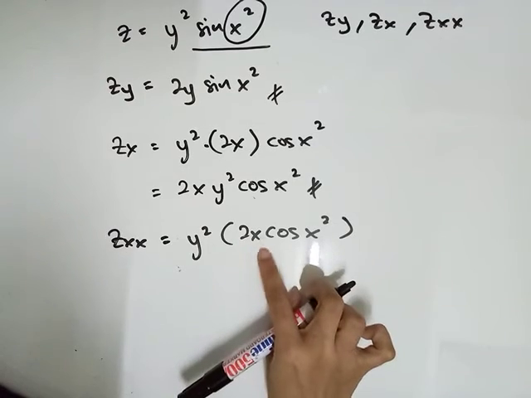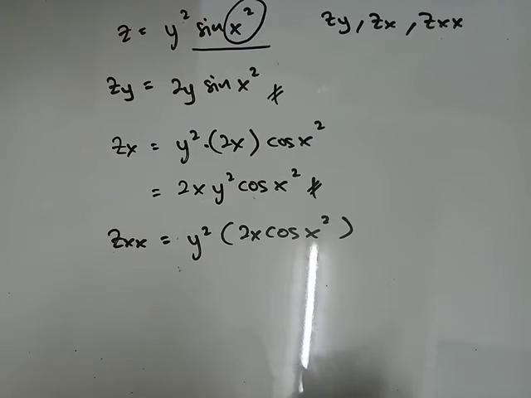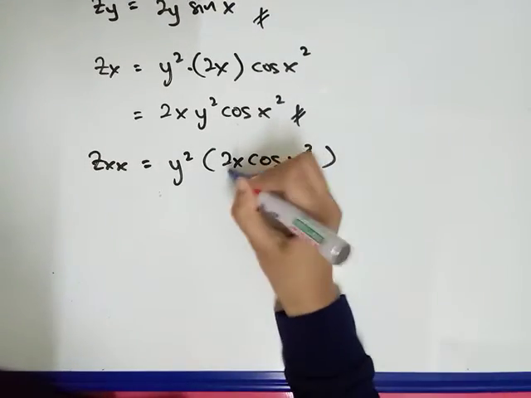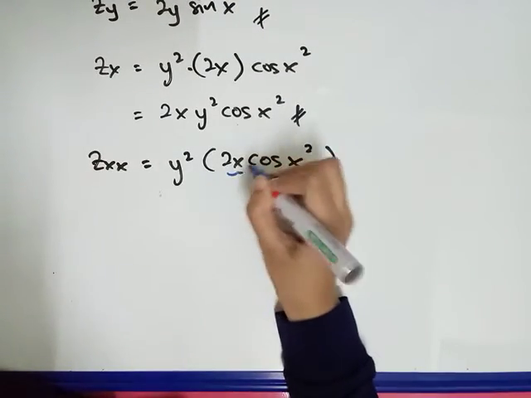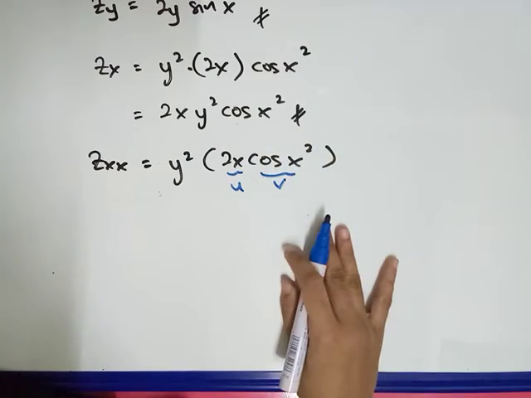As you can see, this is multiplication, so to differentiate 2x cos x squared we need to use the product rule. We let 2x as u and cos x squared as v.